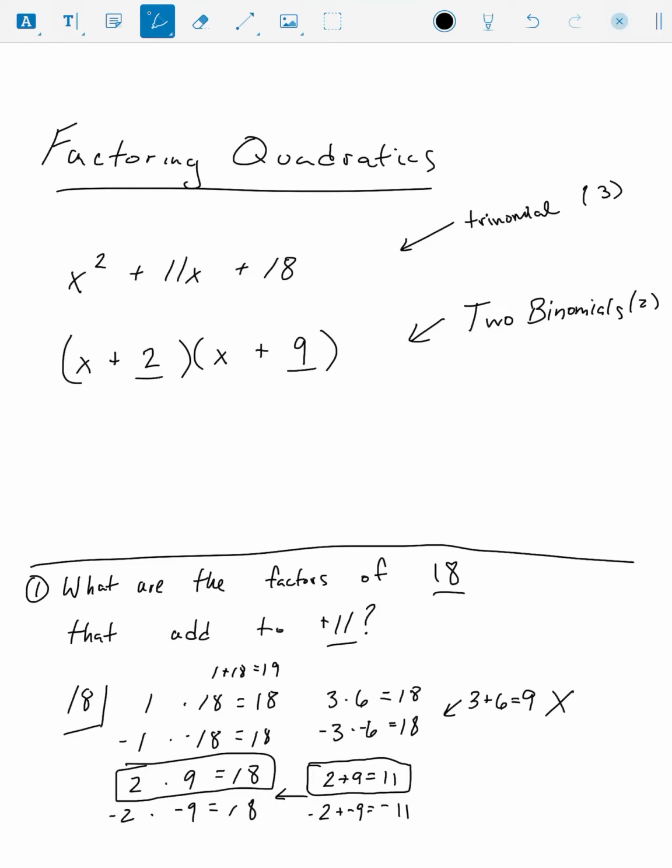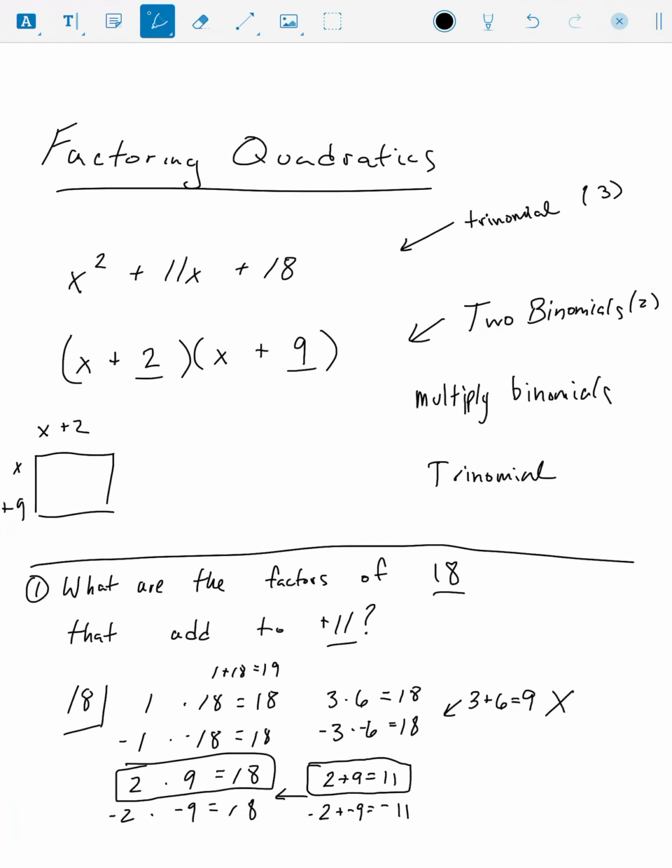Now, to prove to you that I've successfully factored it, let's do the reverse process of multiplying the binomials. And when I multiply the binomials, I should get the original trinomial that I started with. So, I could do it as an area model. x plus 2, x plus 9.